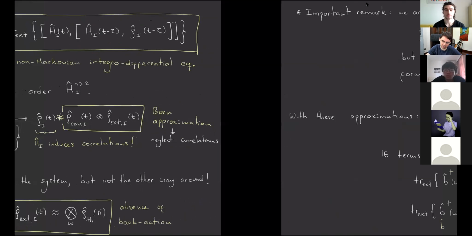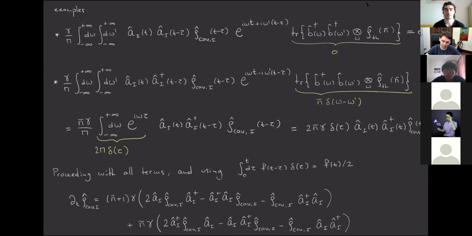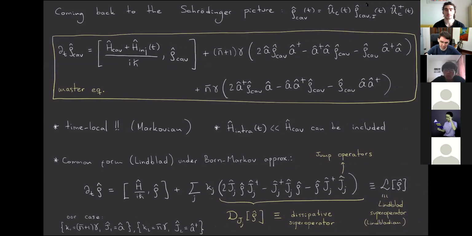Then we did the calculation slowly, and we showed that you can find an equation for the state of the cavity already in the original Schrodinger picture that looks like this, okay?